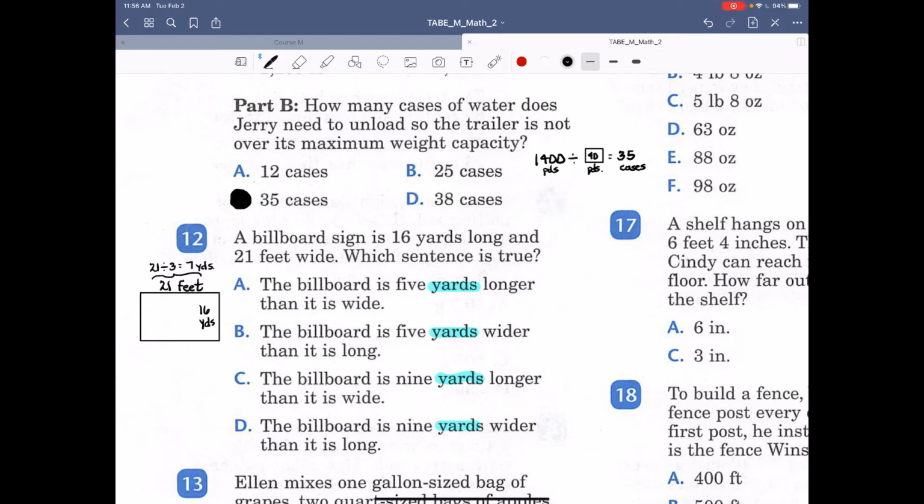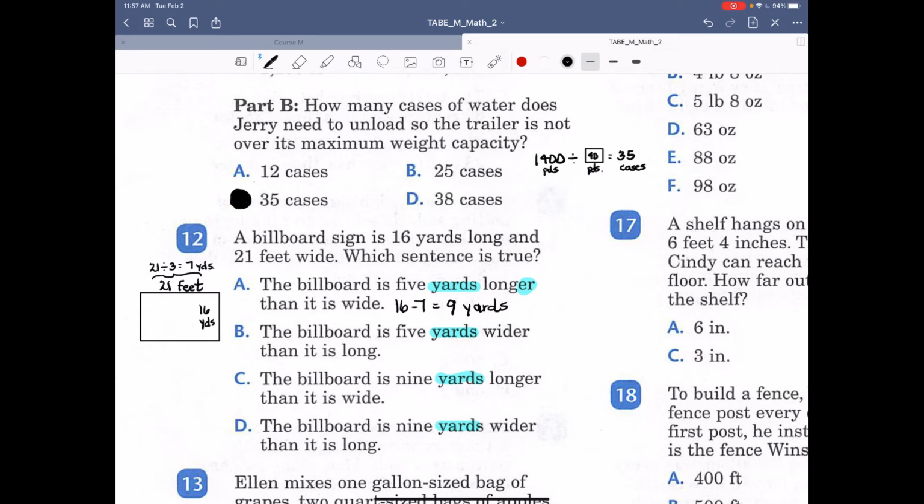So those are the numbers that I want to use. The billboard is 5 yards longer. That's subtraction. So if I do 7 from 16, that is 9 yards. So this statement is not true.